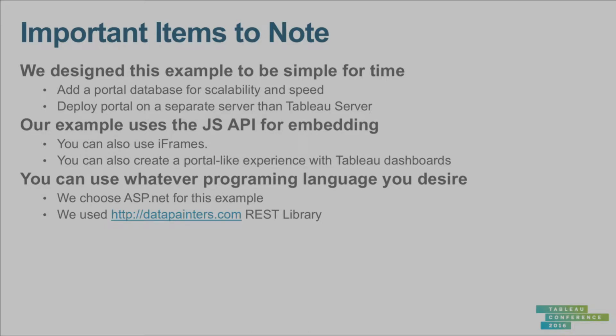You can call functions like get workbooks by user, rather than having to create an envelope, think about the headers, pass that off to a REST API and then parse the XML that comes back. So these libraries will definitely accelerate your development. There are libraries out there in a variety of languages. We used one from Data Painter that has a C# base.